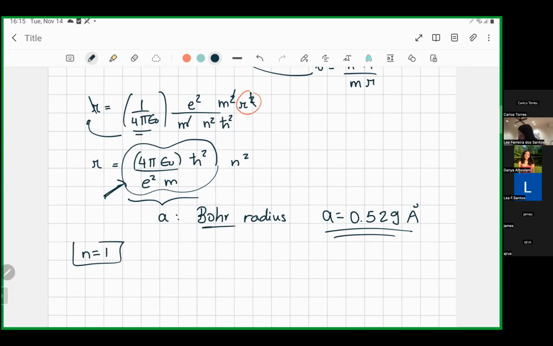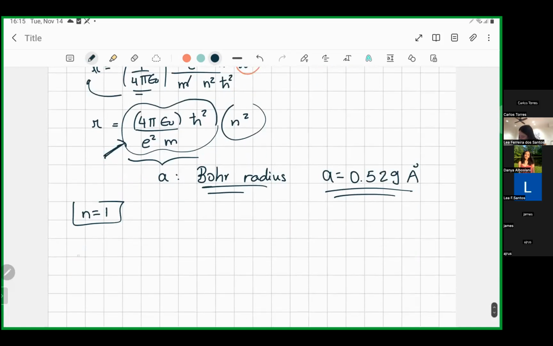So the Bohr radius is the radius for the ground state. You see the n squared showing up there, which means for larger n, n larger than 1, the radius is larger. So the more excited this electron is, the further away it is from the proton, the higher probability to find it further away from the nucleus.